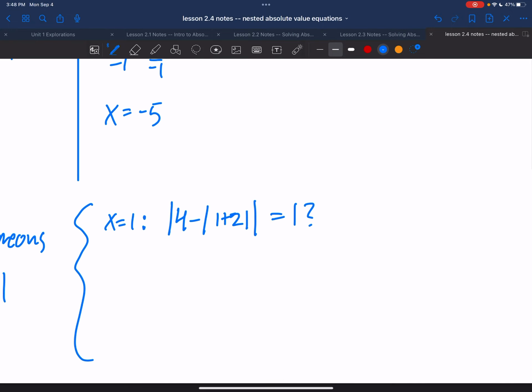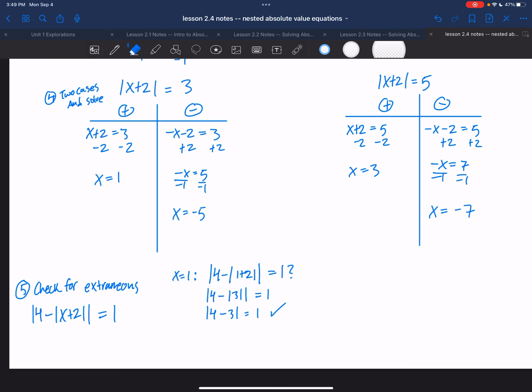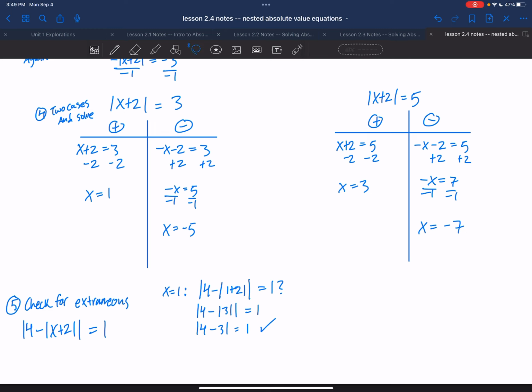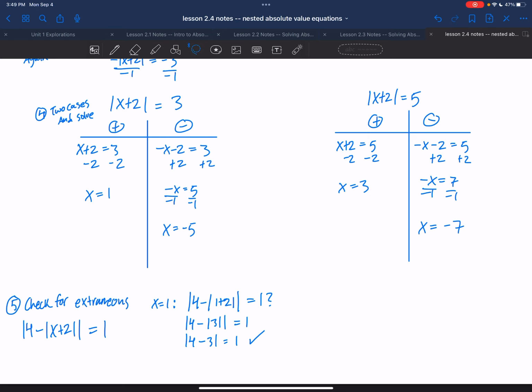Well, 1 plus 2 is 3, and so that's 4 minus 3, which equals 1. True. That one works. Here, I'm going to lasso that and put this right here. So x equals 1 works.